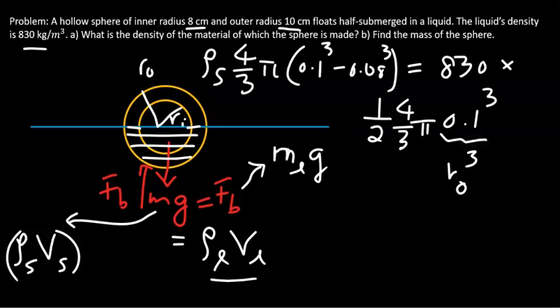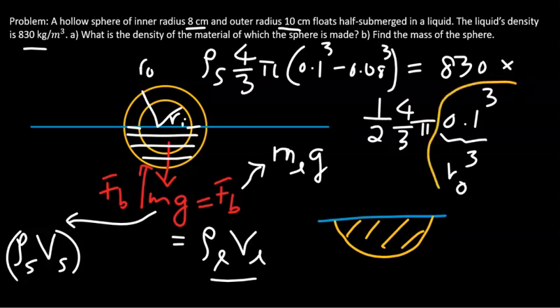We note that in calculating the volume of liquid displaced, we have to include the entire volume of that sphere, as if the sphere is solid and not hollow. Hence we don't subtract the inner radius cubed as we did on the left hand side.